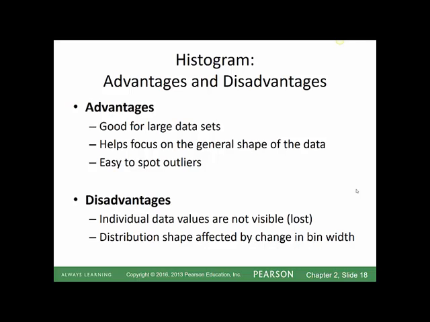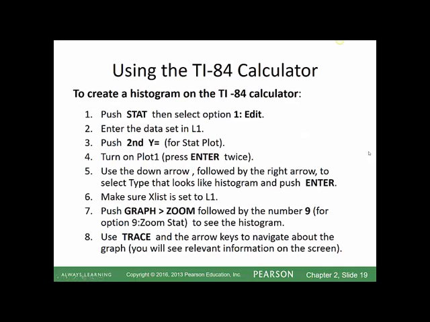So in the dot plot, we have all the data values present, where in the histogram, we lose that touch with each data point. And then also the distribution shape can be affected by the change in the bin width, like we talked about. So that can be a negative part also. Right. So this slide I'll actually pull up in a little bit and use that as a guide to help show you how to make a histogram inside your graphing calculator.